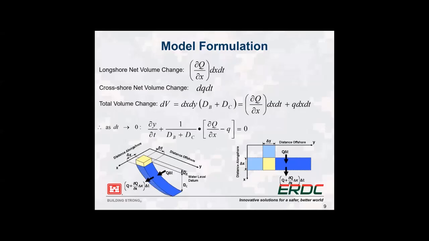And so then you get the total volume change, which is basically dx dy times the berm height plus the depth of closure.